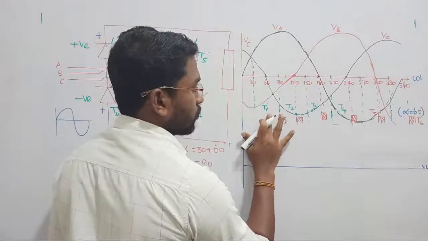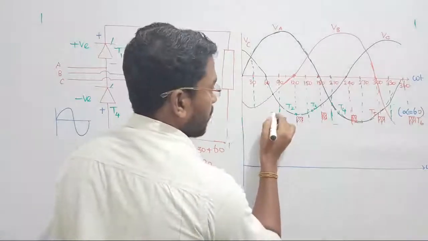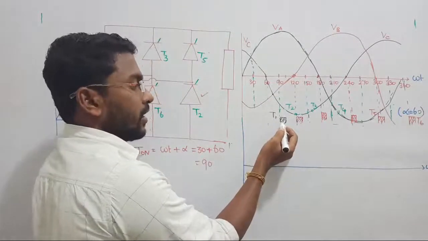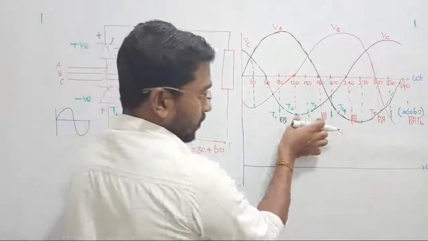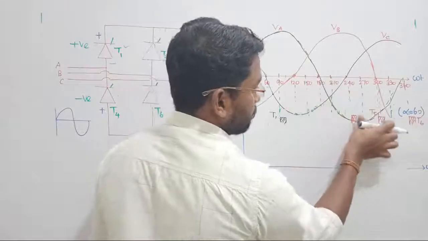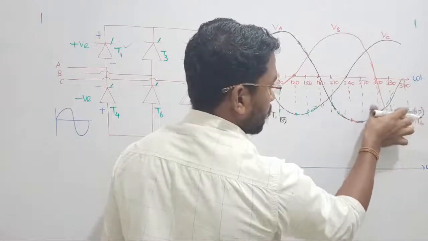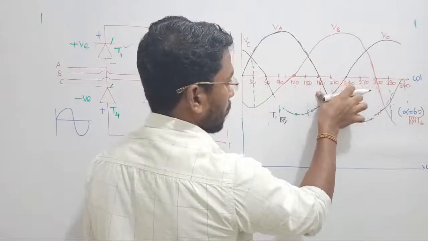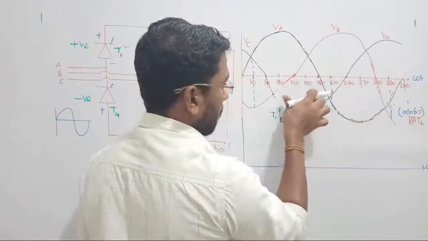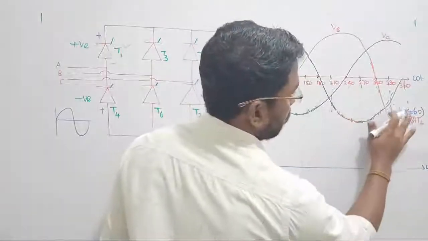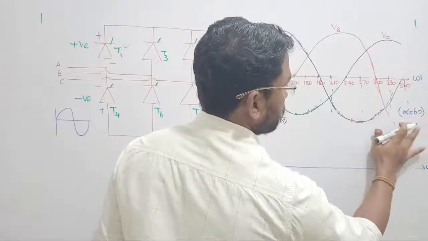So let us remove this one. Right? Thyristor T1 is going to be triggered here. 90 degree la first thyristor trigger பண்றீங்க அப்படினா from here let us remove all these in order to avoid the confusions. Start பண்ணலாமா?